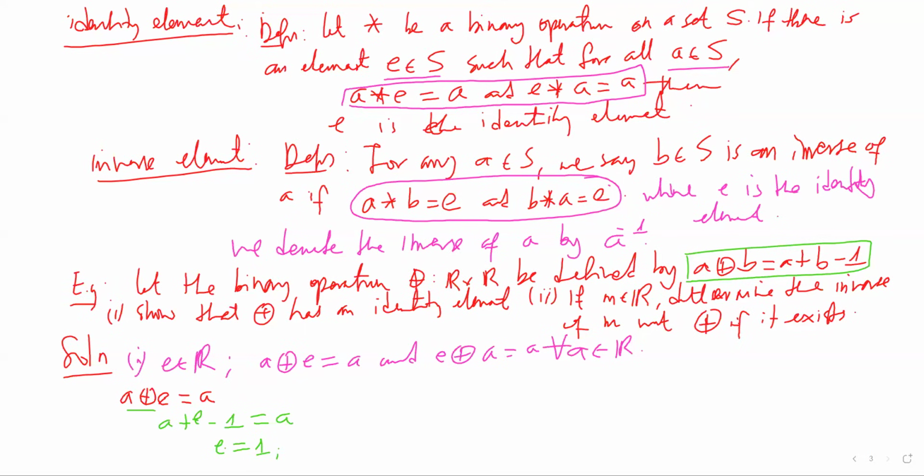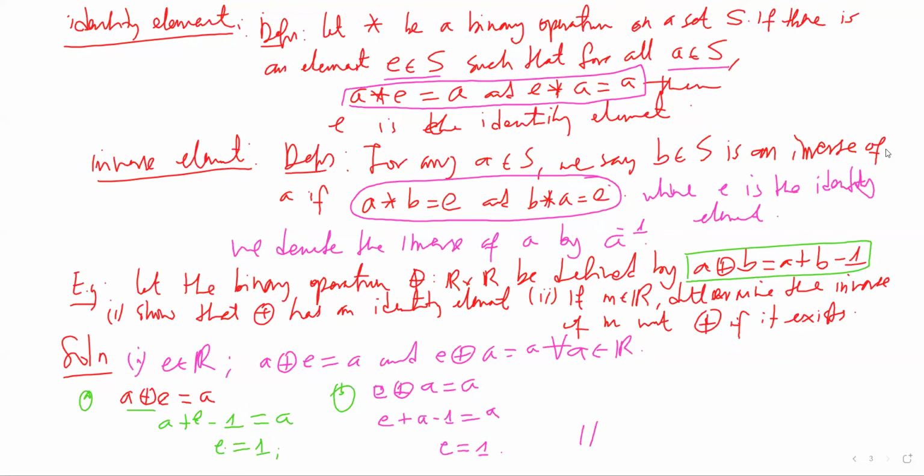But that is not enough because this is the first part. The second part is that now we should be able to do E operates A and get an A. E operates A means E plus A minus 1 is equal to A. So this is by definition, and again, by some manipulations, you should get E to be equal to 1.